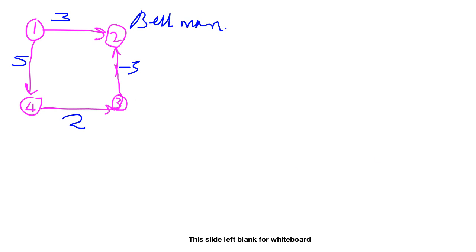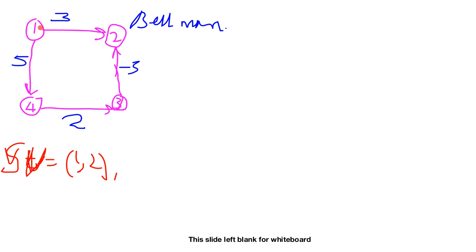And when you're using this Bellman, we must first of all pair the vertices, which are what you call the selected vertices.